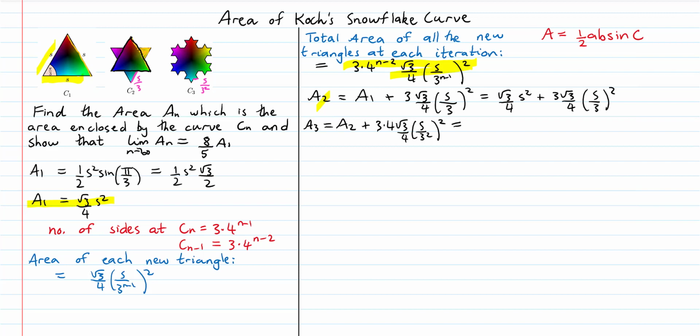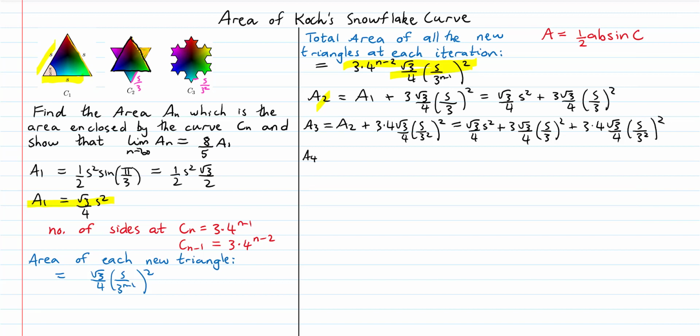So I'll just write this out in full, so then we can start seeing a pattern forming. So A2, well, that was equal to root 3 over 4 times s squared plus 3 times root 3 over 4 times s over 3 all squared, and then we had our 3 times 4 times root 3 over 4 times s over 3 squared all squared.